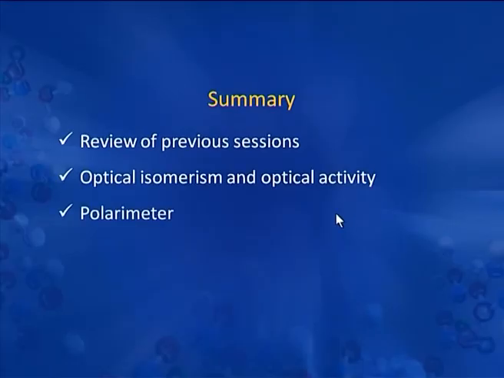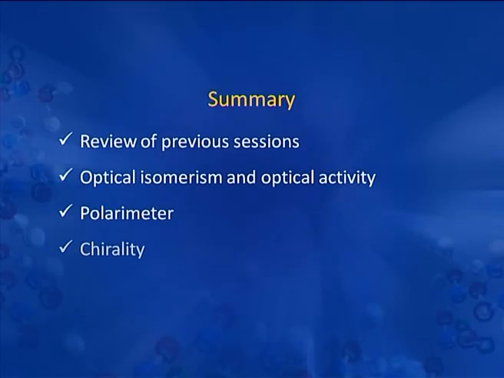Chirality means non-superimposability of the mirror images over each other. The optical activity is measured with the help of an instrument called a polarimeter. A polarimeter involves the use of plane polarized light. Chirality means handedness, or non-superimposability of mirror images over each other.